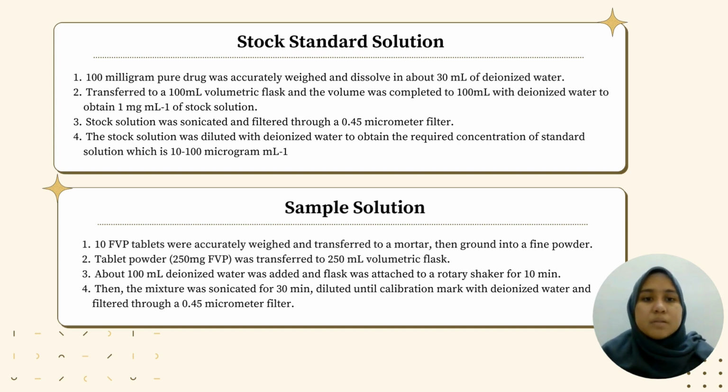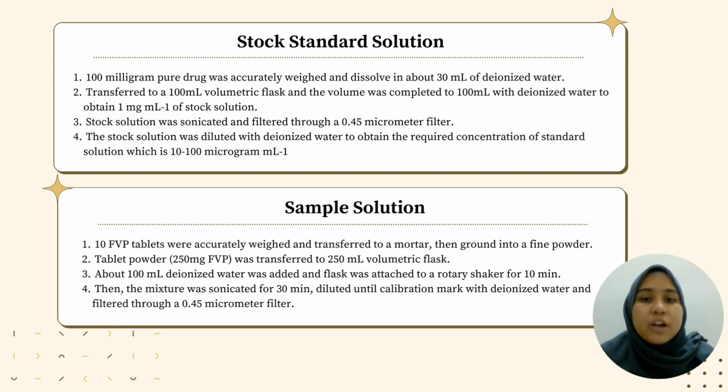Next is preparation of sample solution. 10 FVP tablets were accurately weighed and transferred to a dry and clean mortar, and then ground into a fine powder. Next, tablet powder equal to 250 mg FVP was transferred to a 250 ml volumetric flask.